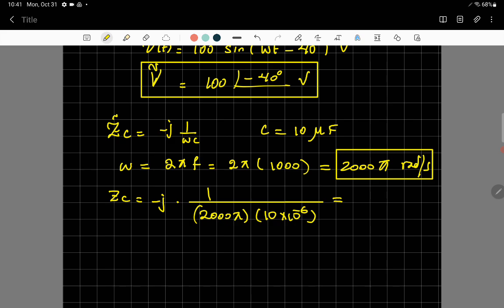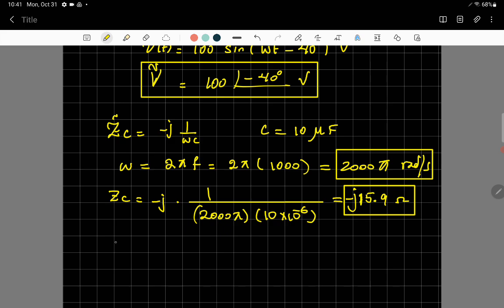That will give 15.9. Don't forget you have minus j ohm. So that's the value of the impedance: negative j 15.9 ohm.